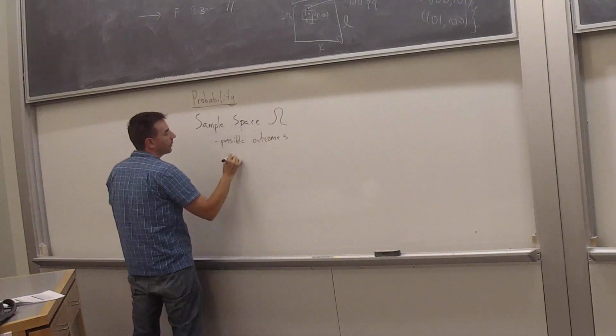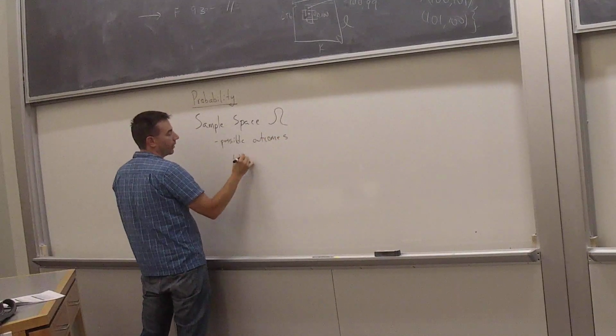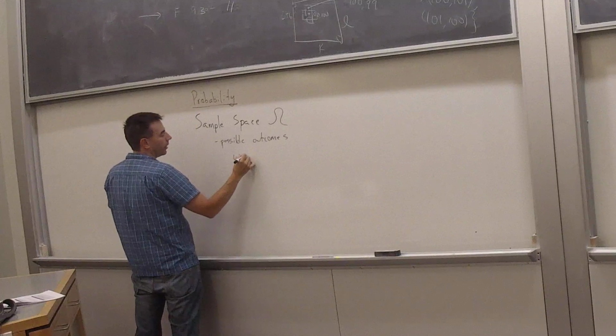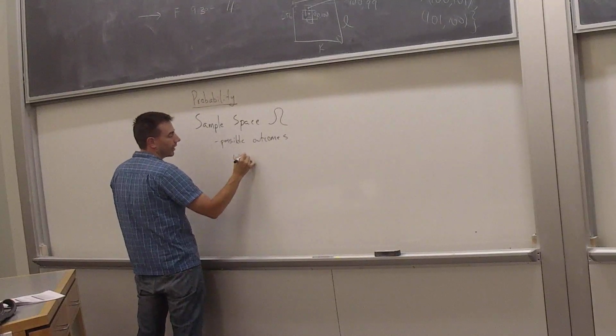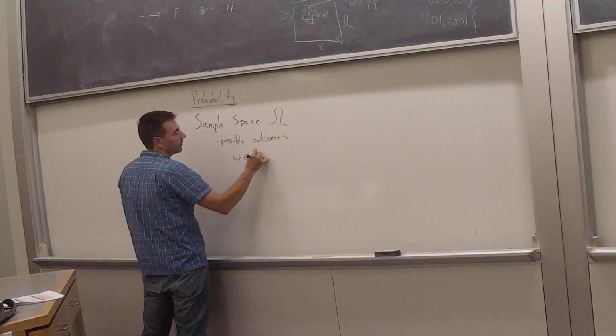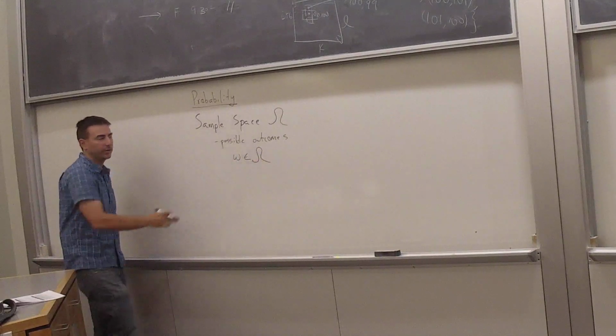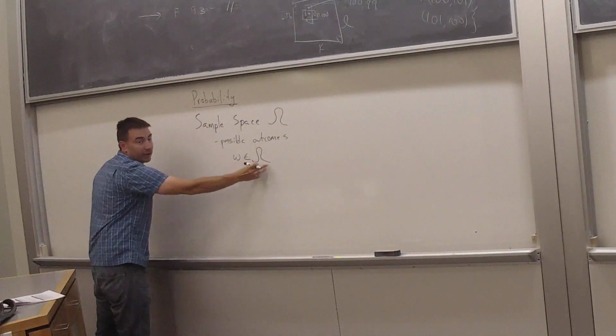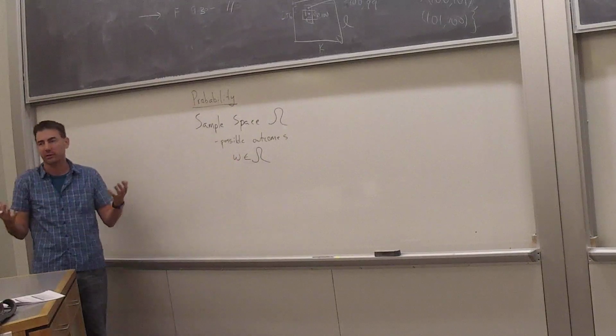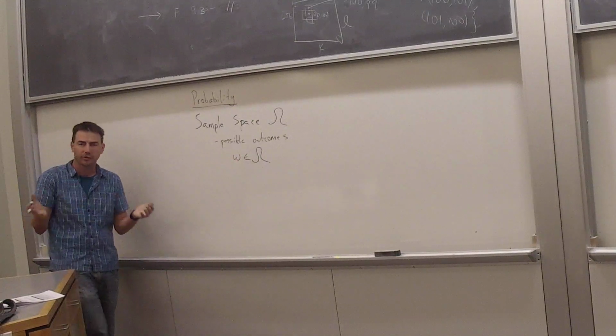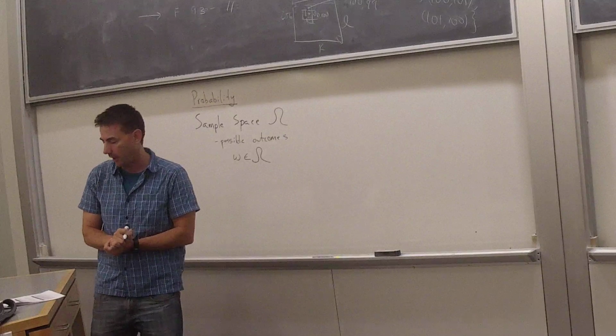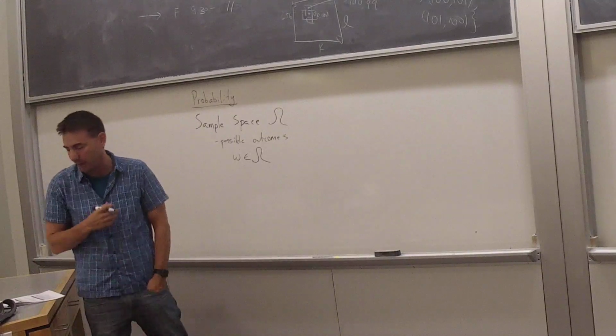One outcome, we'll use lowercase omega, is going to be an element of this set. So you think of this as a set. We'll see it could be a discrete set or it could be a continuous set.